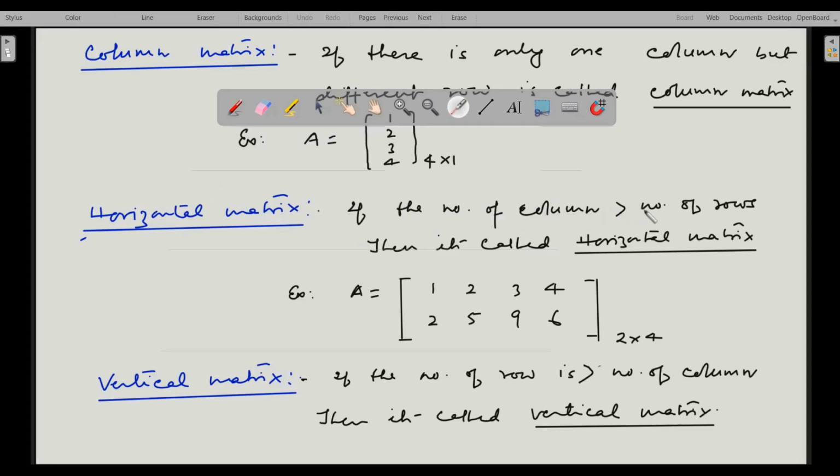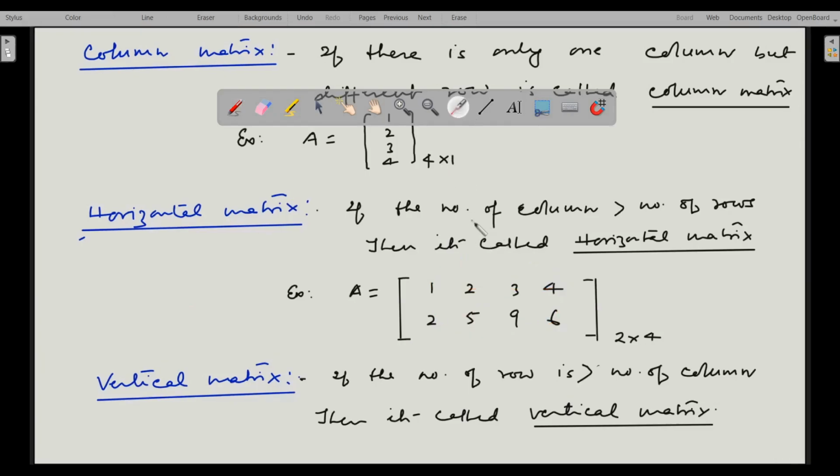If the number of columns is greater than the number of rows, then it is called a horizontal matrix. For example, in this matrix, there are 2 rows but 4 columns. So 4 is greater than 2, so the number of columns is greater than the number of rows, and it is called a horizontal matrix.